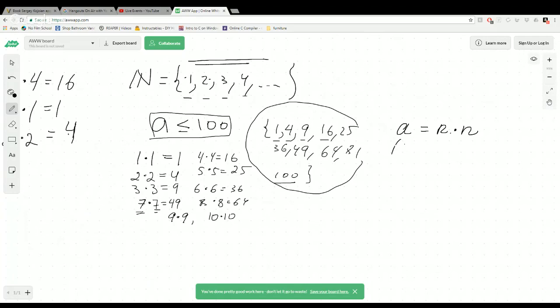That's the reason this is called a perfect square, because we're multiplying this thing by itself. It's a square of n. So this is n squared, and this becomes a perfect square. To reformulate this question, we could have said, list all the natural numbers that are perfect squares that are less than or equal to 100. Well, 1 is a perfect square, 4 is a perfect square, 9, 16, 25, etc., 100. These are perfect squares.